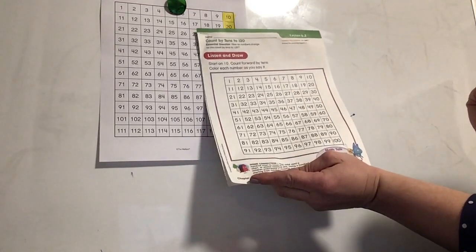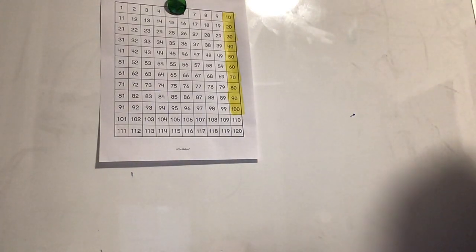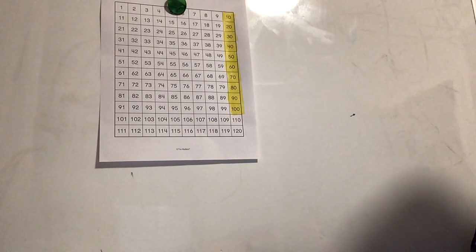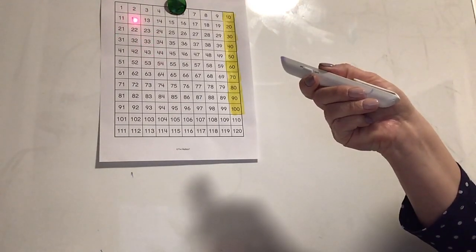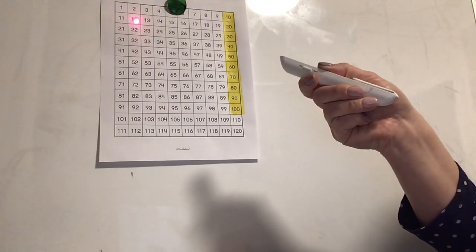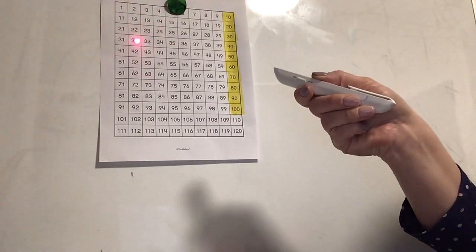So let's remember what happened yesterday. In yesterday's lesson, we had to count by one and we saw how the numbers changed. So if we started with, let's say, 12, and we counted by one, which way did we go?